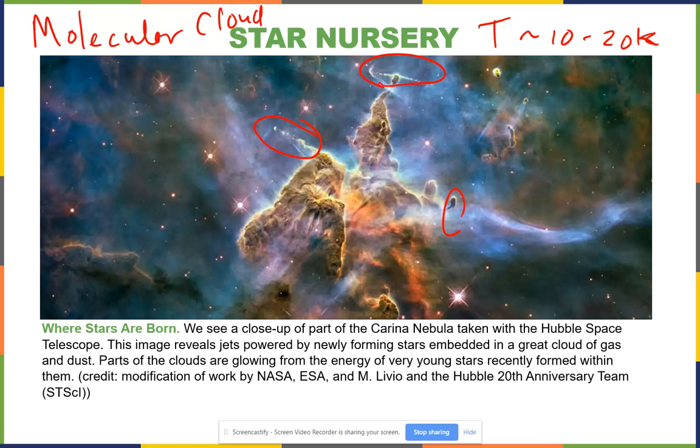Size, a few hundred light years. It's probably, if you take the entire size of this, maybe 10 light years. Which is a really big distance, right? I'm saying only 10. Yeah, it's a really big distance. But how thick is the gas here?